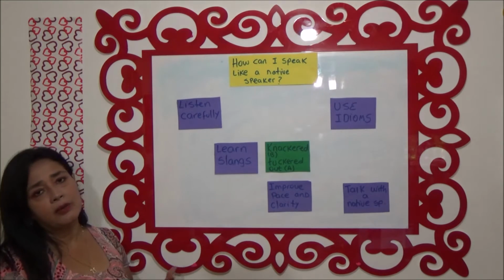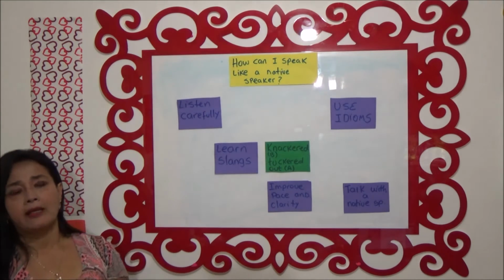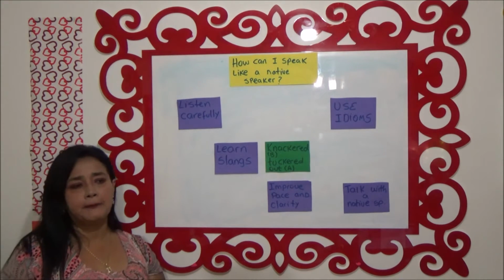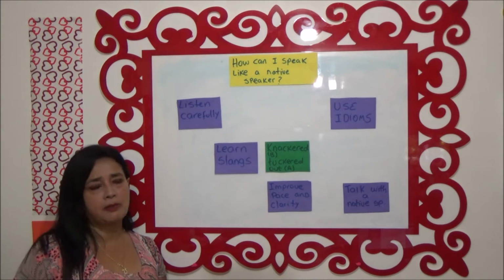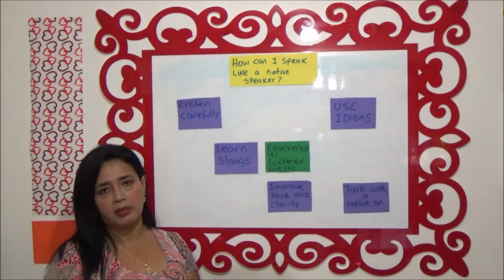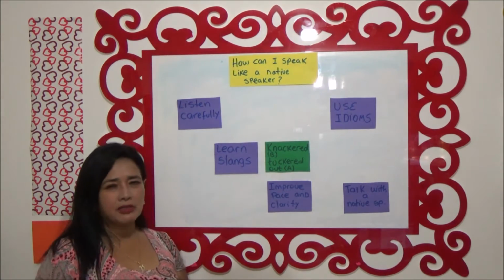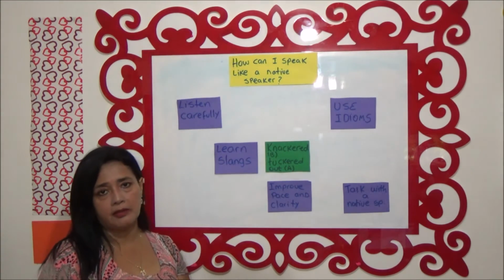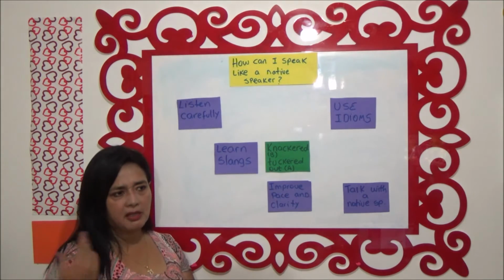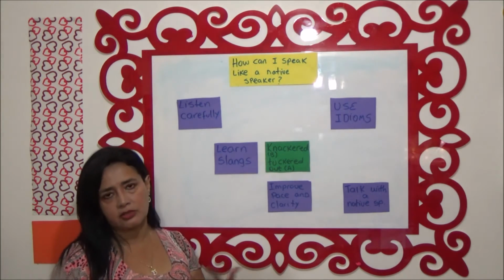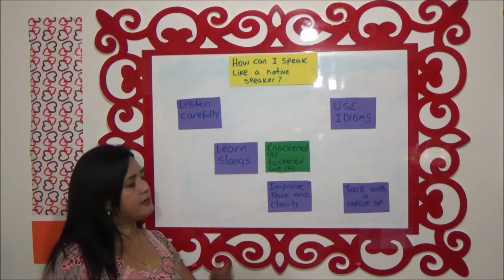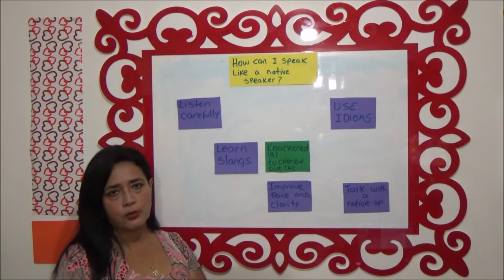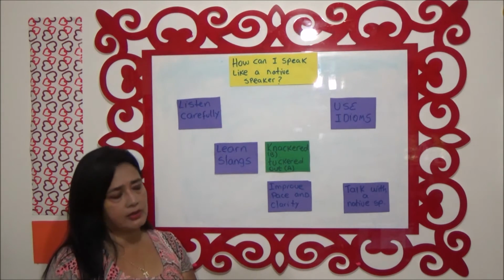Improve pace and clarity. Yes. How can we get to that point? Well, remember that if we are native speakers, Spanish native speakers, German native speakers, we have a certain pace. The pace is the speed that we put to our conversation, right? Some countries have different speeds, that's true, but the pace is very important. It's the speed that you put to a sentence, how fast you say it.